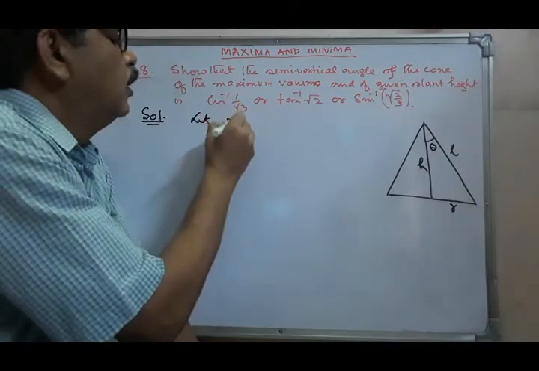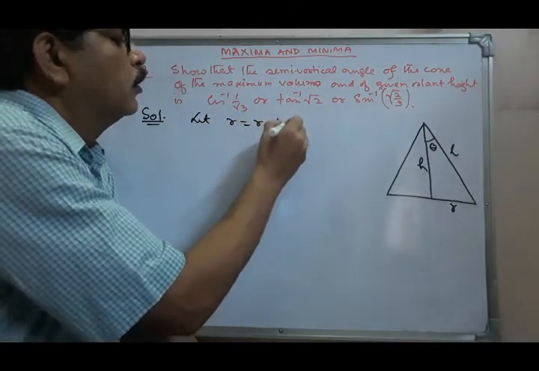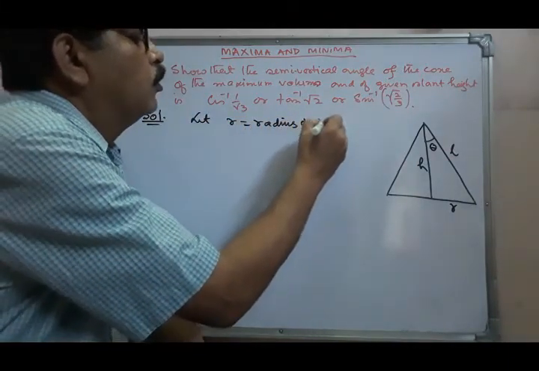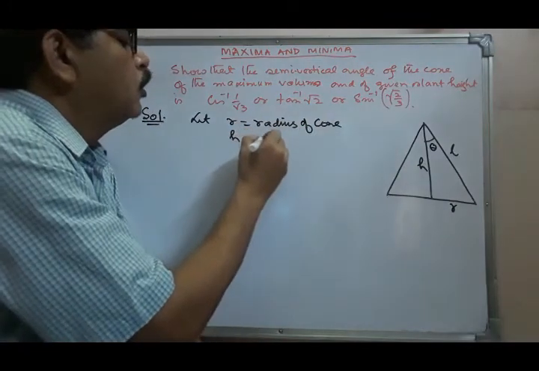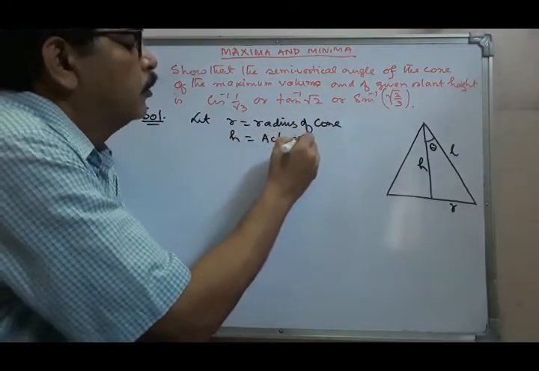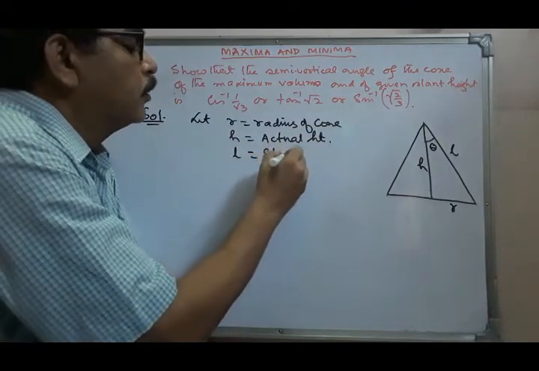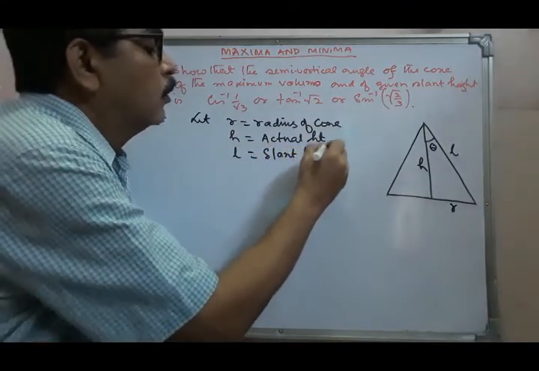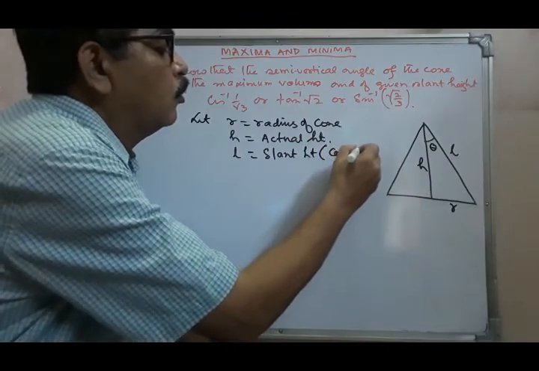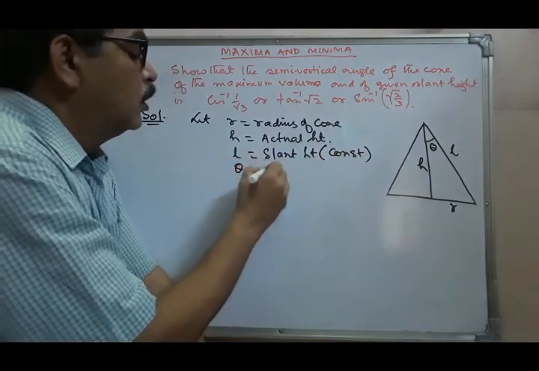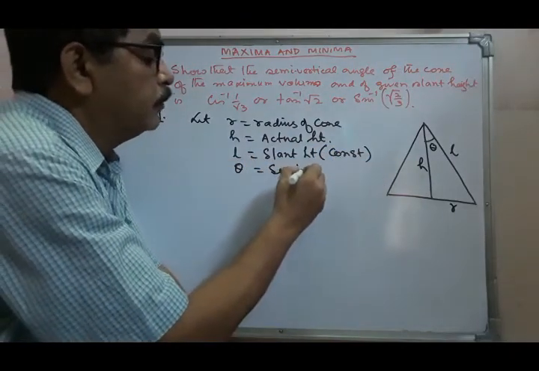Let r be the radius of the cone, h the actual height, L the slant height, which is constant, and theta the semi-vertical angle.